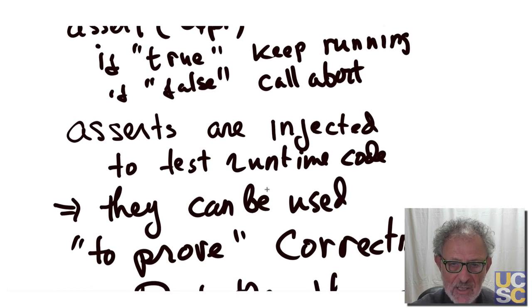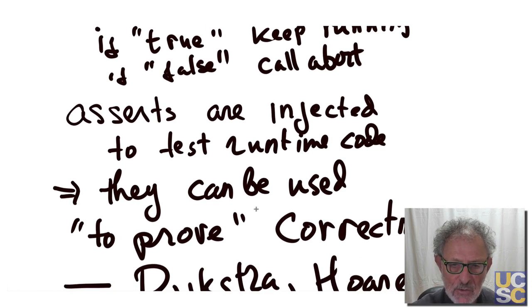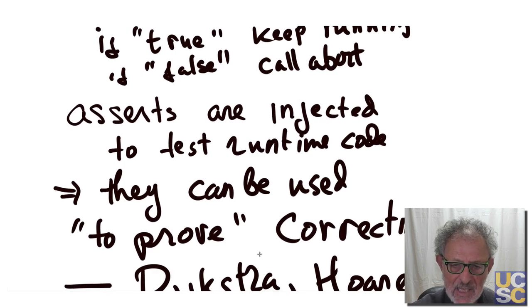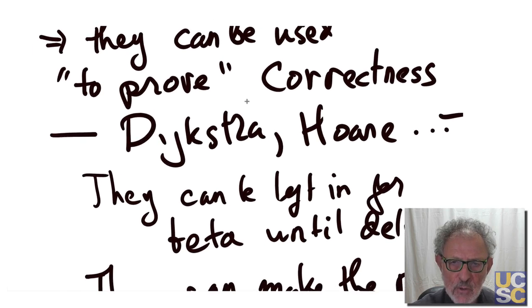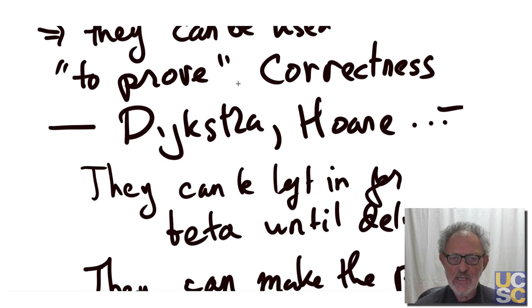Asserts can be injected to test routine code, and they can be used to prove the correctness of your program. So in some sense, initially, famous computer scientists, Turing Award winners like Dijkstra and Hoare, actually were attempting to mathematically prove that their programs were correct.